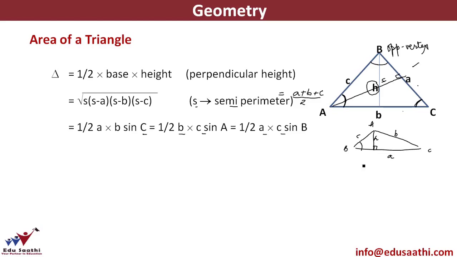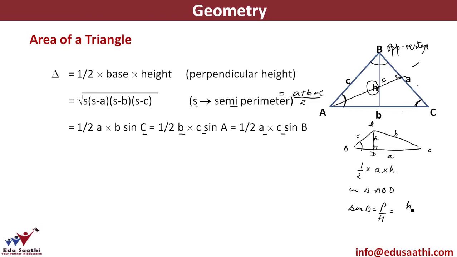So the basic formula that you have is half into base. The base here is A, and the height that I've taken from the opposite vertex is H. Now since H is not given to me, I'll just mark this point as D. I can look in triangle ABD. If I just look at this triangle, sine of an angle is perpendicular over hypotenuse.